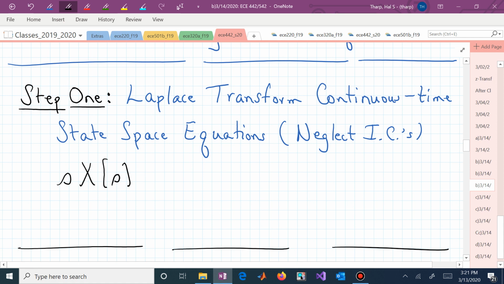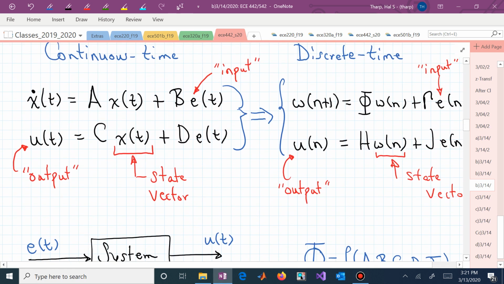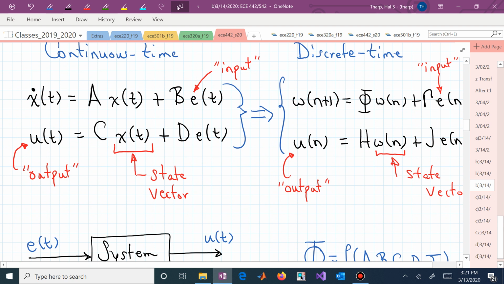We now capitalize little x of t, and we're now saying, oh, we now have the Laplace transform of little x of t, which is capital X of s. That's now equal to the Laplace transform of the right-hand side. There's no derivative action on the right-hand side. We simply have a constant matrix A, and we can Laplace transform little x of t to obtain capital X of s. B is a constant.